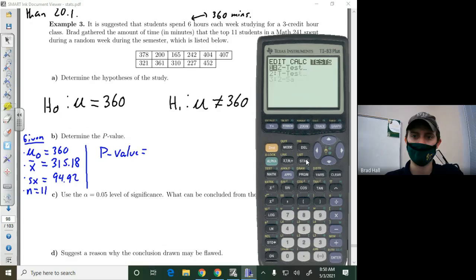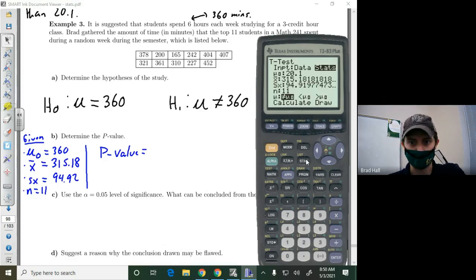So let's go to test, t-test, and perfect. Just make sure we have 360 in here because it does not put the null hypothesis value in for us. So make sure 360 is the first value. It puts the 315, it puts in the 94, and I'd imagine it puts an N for you as well.